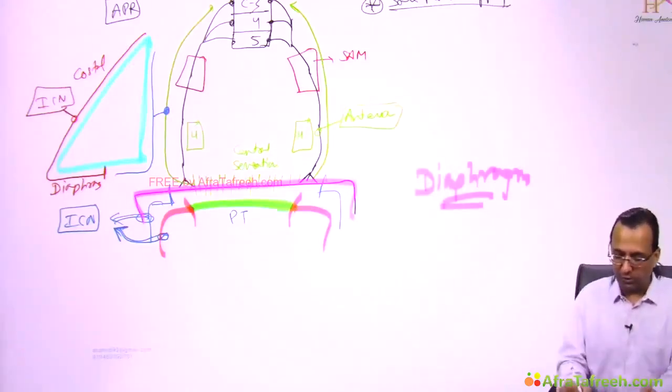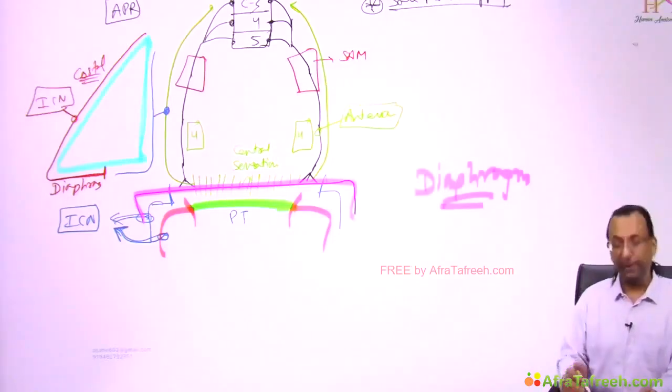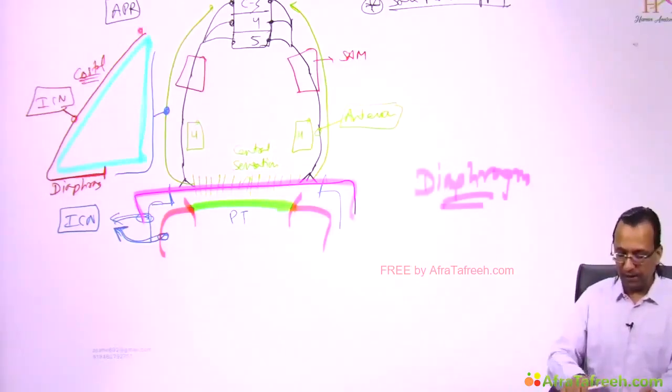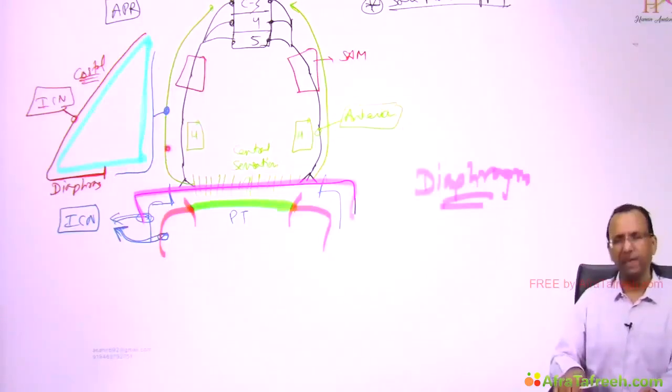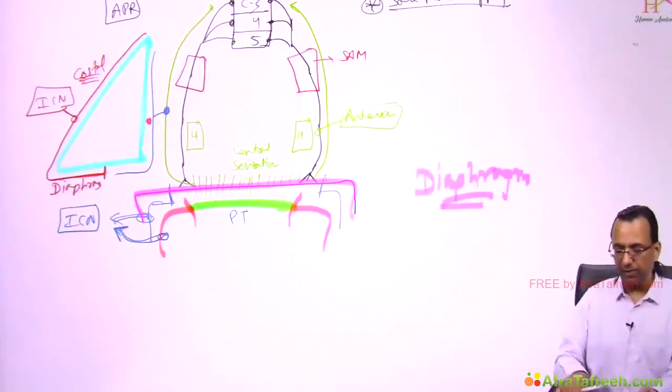But if the pleura is towards the mediastinum, or even the diaphragmatic pleura towards the inner side, that pain will be carried by the phrenic nerve, because the phrenic nerve is running there, so it will carry the pain.